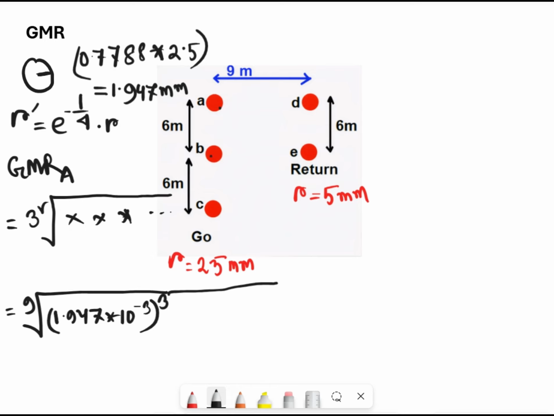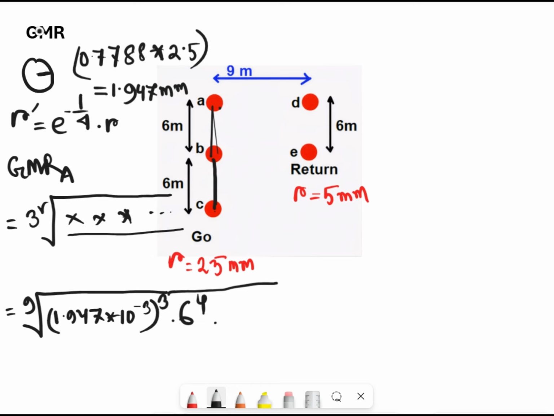So 1, 2 and 3. These 3 are equal, that's why same value, and to the power 3 means there are 3 cables. As I said, here there will be 9 different distances, so 3 are gone, so 9 more need to be written down. So distance 1 from A to B, and then B to A, which is 6, again B to C and C to B, all are 6. So there are 4 distances actually, that's why 6 to the power 4, right?